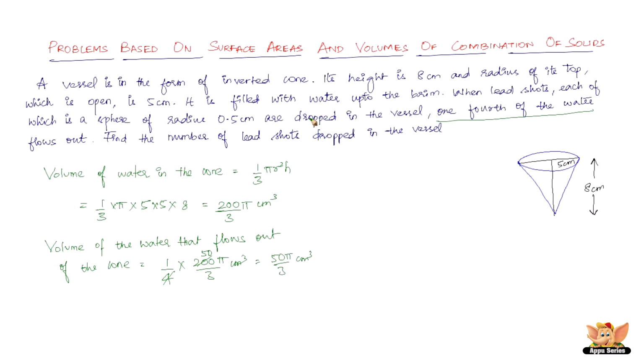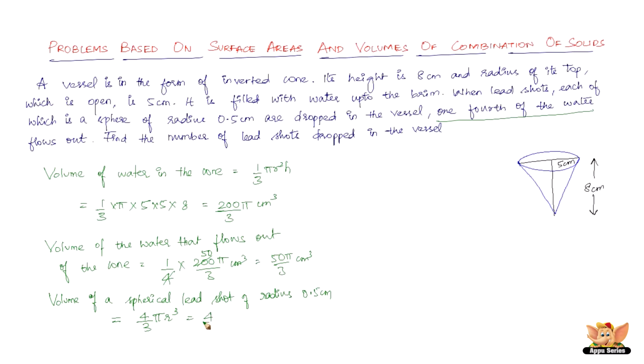So now we need to find the volume of a spherical lead shot of radius 0.5 centimeter. First, let us find the volume of one spherical lead shot. The volume of a sphere is 4/3 pi r cube, right?